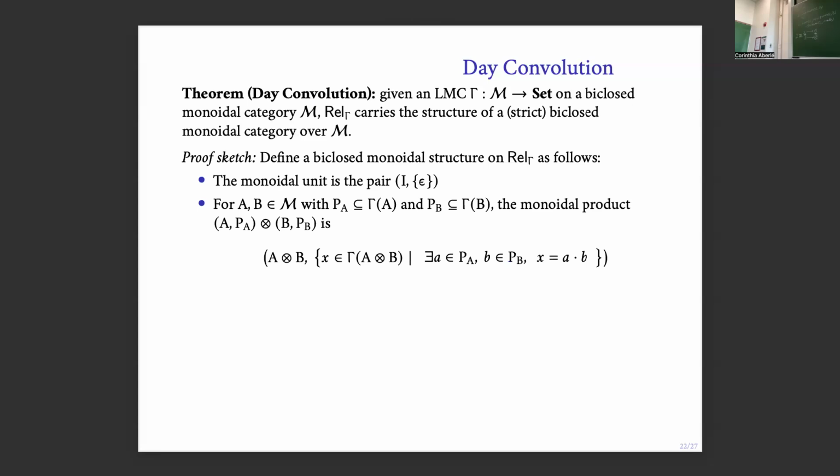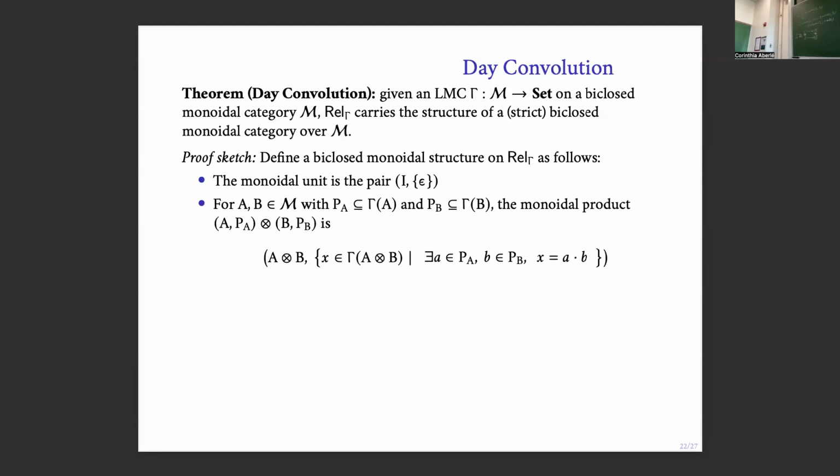Then for A and B in M and subsets P of A in gamma A and P of B in gamma B, the monoidal product of the pair A, P of A and B, P of B is the pair consisting of A tensor B, because when we take the projection of this back down to M, it has to preserve the monoidal product.